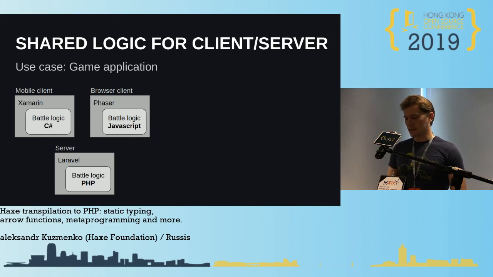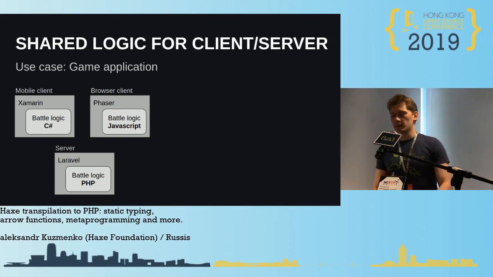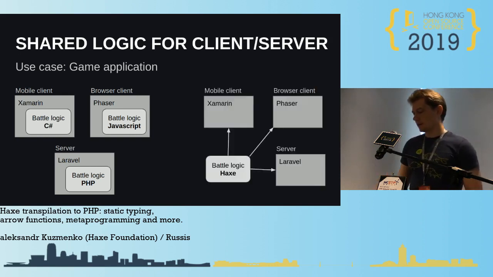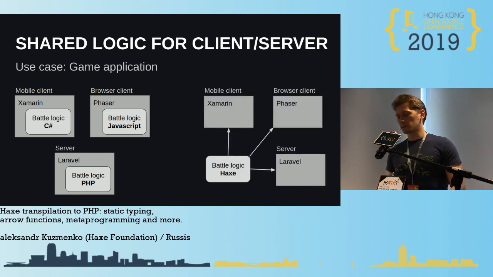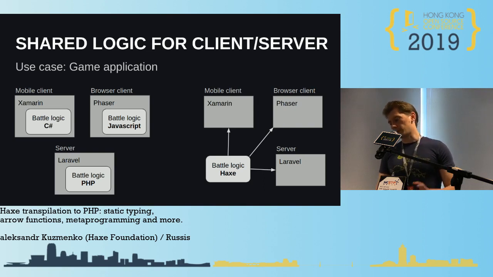And then we decided to move the battle logic to Haxe, and got something like this. And that made it possible to detect cheaters 100% precisely, because the same code, the same logic was compiled to server and to clients. We had no differences in battle simulation on client and server, so we always were able to detect cheaters precisely.